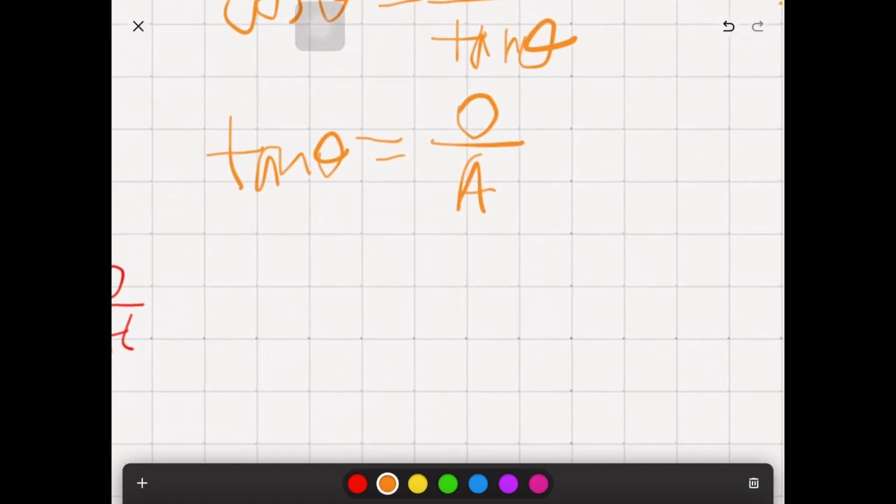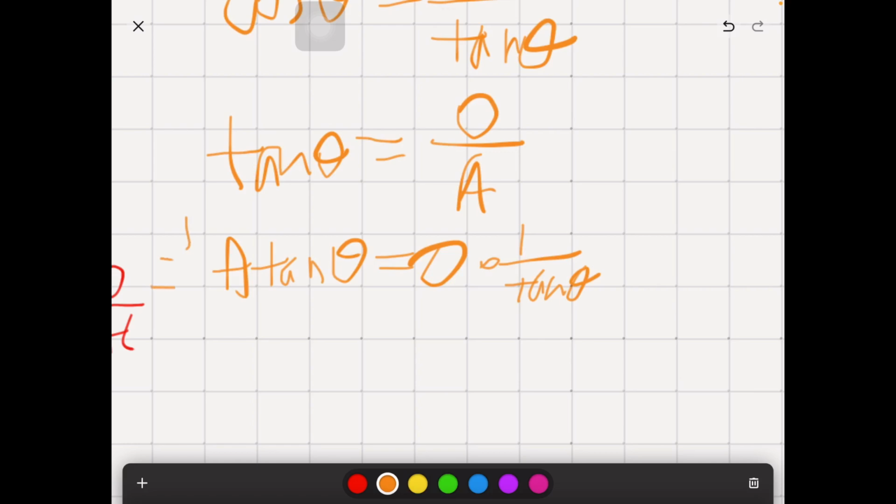So what we're actually doing is multiplying both sides by 1 over tan theta.